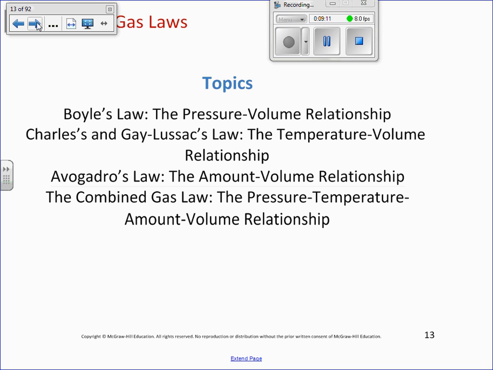Start off with the pressure and volume relationship. Before we even get to the page, let's just think concepts. So here I have a cylinder, and it has a certain volume, call it V1, and a certain pressure pushing down, P1.